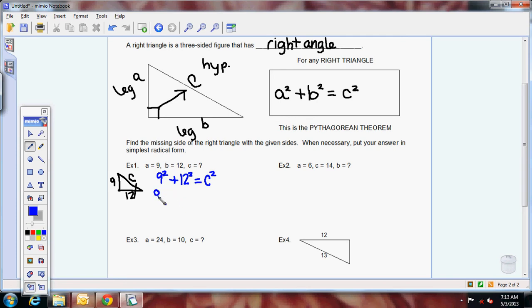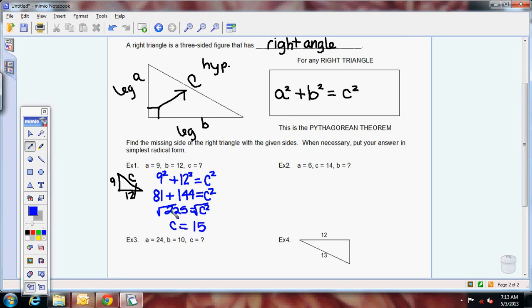Now that you guys are pros with your squares, 81 plus 144 is going to equal C squared. And then we solve that, we get 225 equals C squared. And remember from our quadratics that you're going to get rid of this square by square rooting both sides. So the square root of 225 means C is equal to 15.